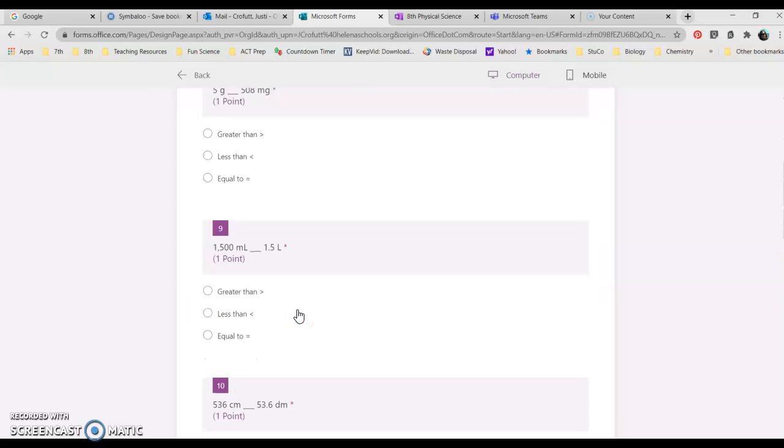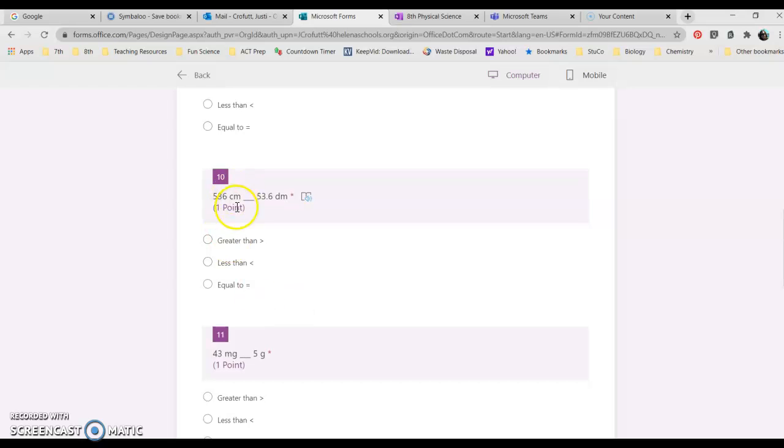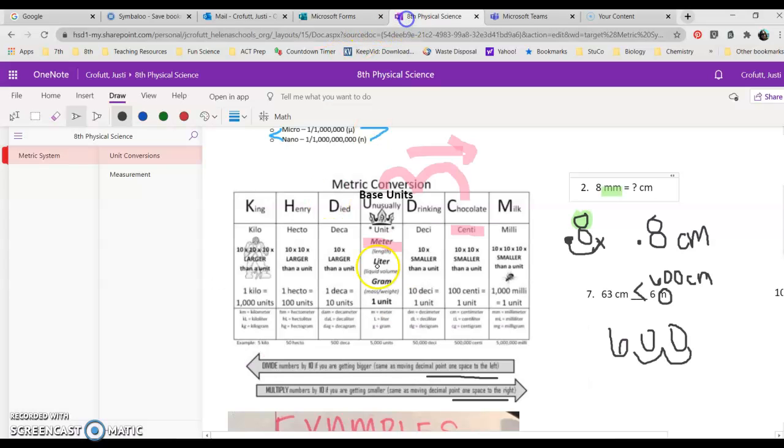Let's skip down to question 10. We haven't used decimeters yet, so I wanted to do this as an example for you. It says 536 centimeters compared to 53.6 decimeters.